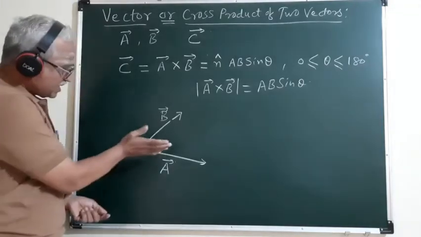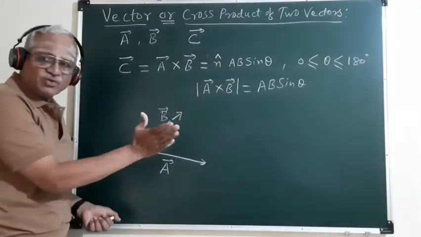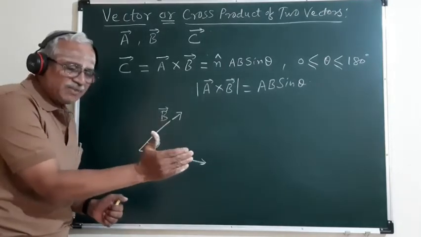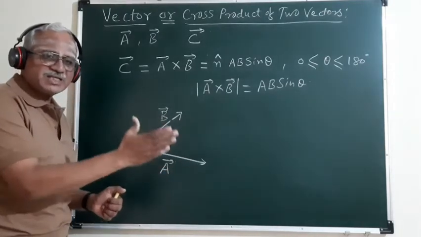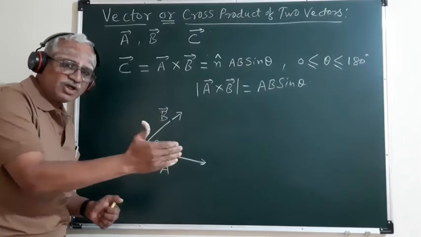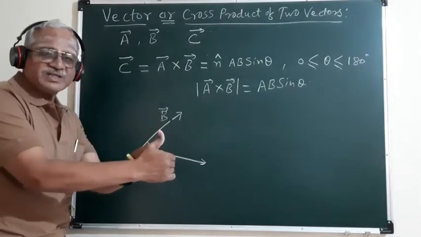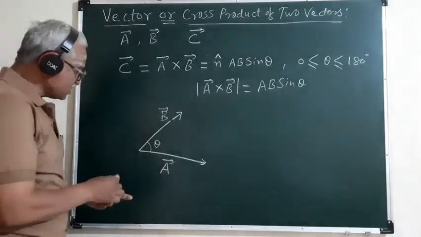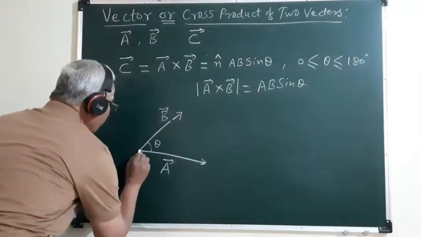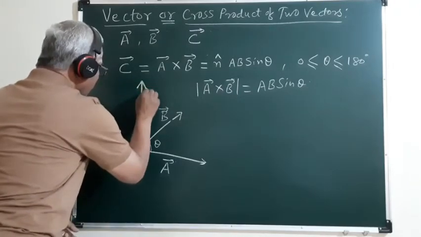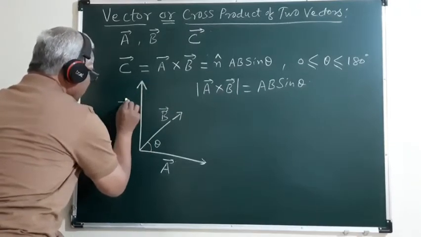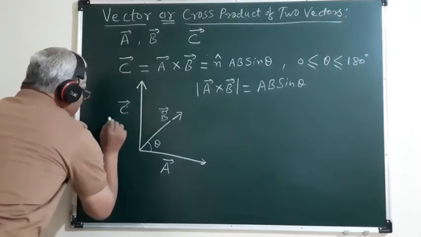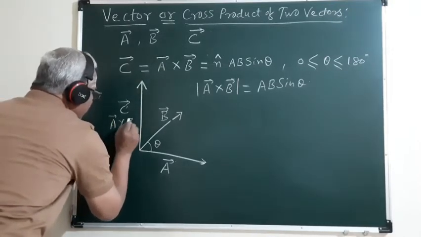So in this case, since vector A bar is lying towards the right and B bar towards the left, and we curl the four fingers from the first vector towards the second vector, the thumb is stretched in the upward direction. The vector C bar will be perpendicular to the plane of A bar and B bar and directed upward. This is the direction of A bar cross B bar.